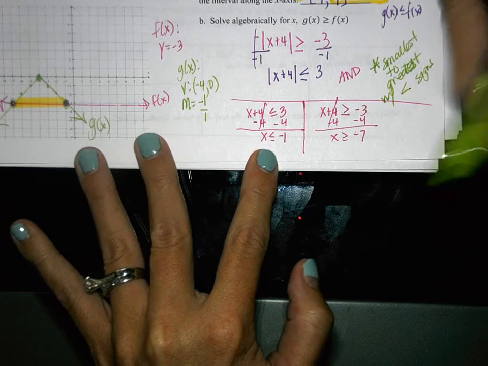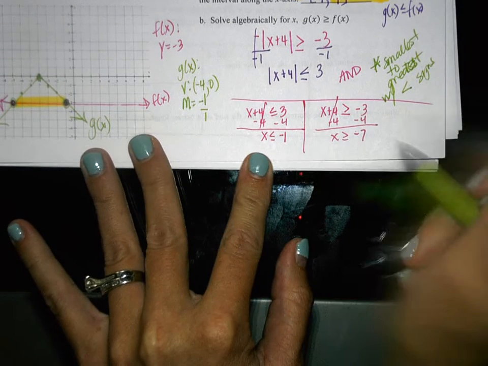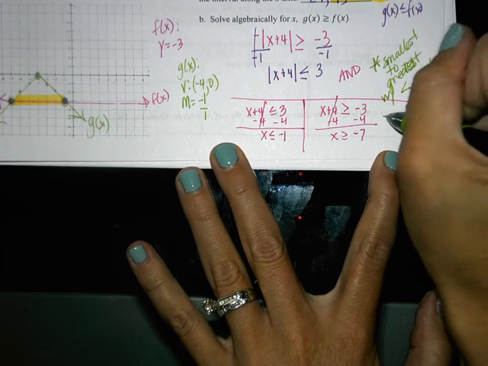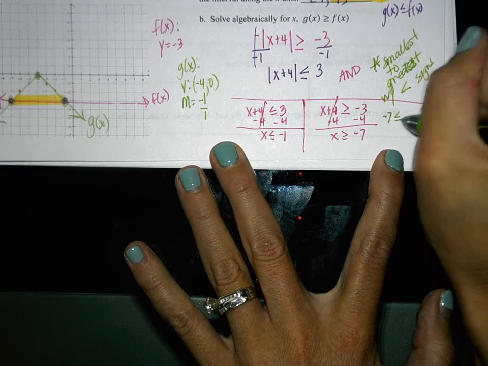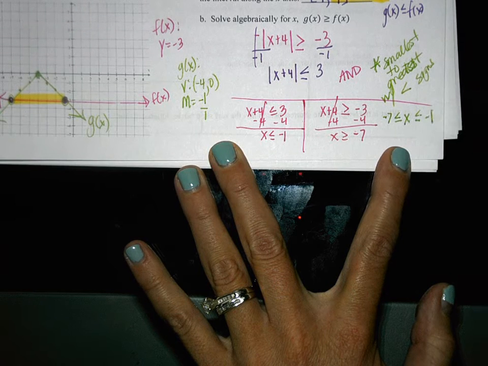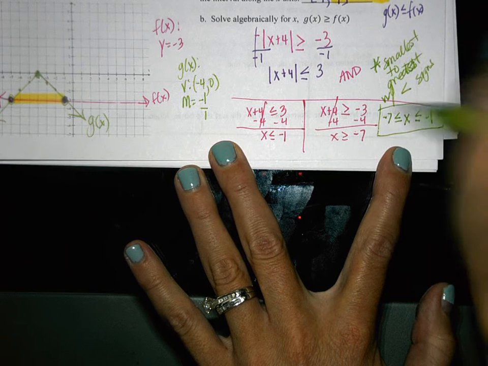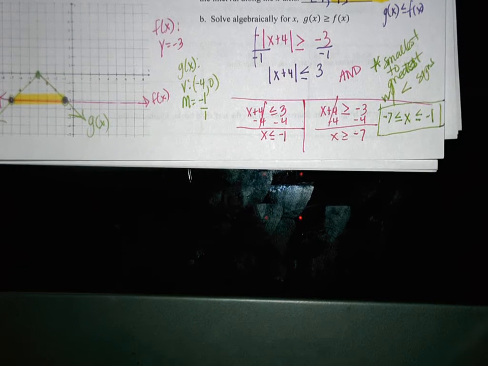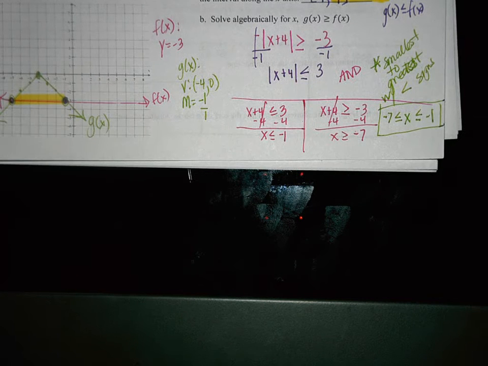So what is the smallest number here? It's going to be -7 is less than or equal to x is less than or equal to -1. You always write smallest to greatest, and that's saying it's the area where it's overlapping between -7 and -1, which is what we saw here as well.